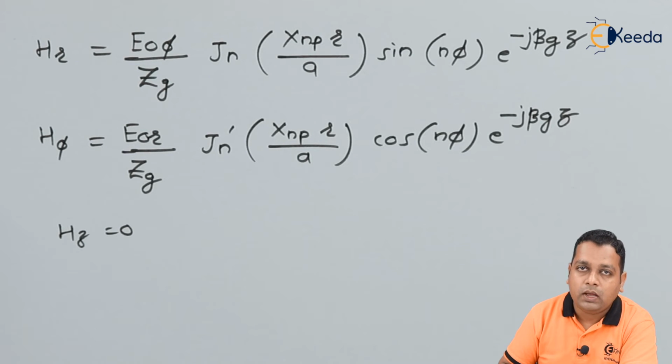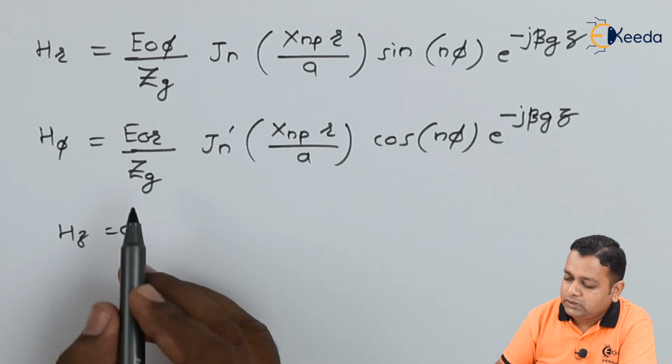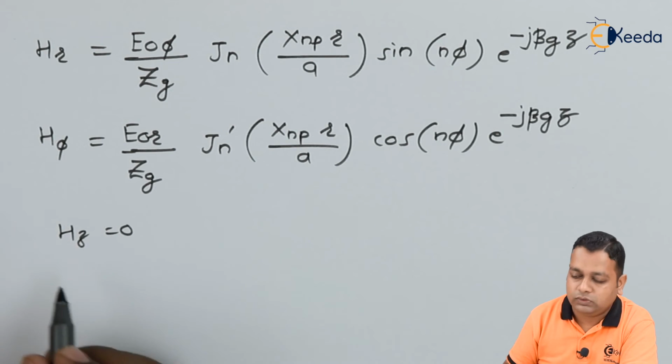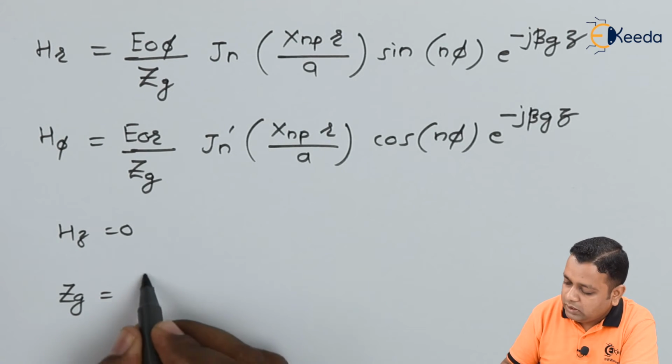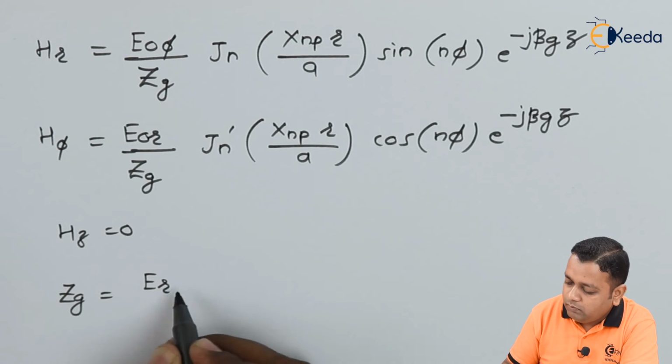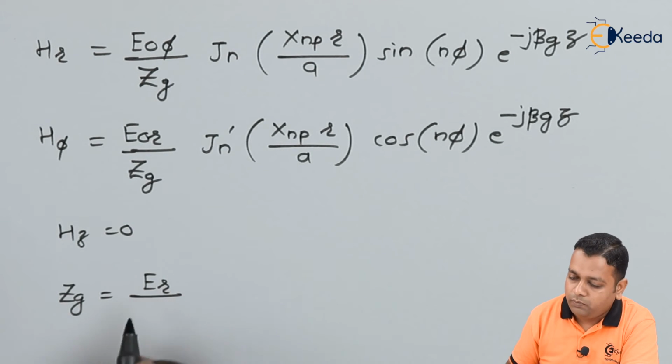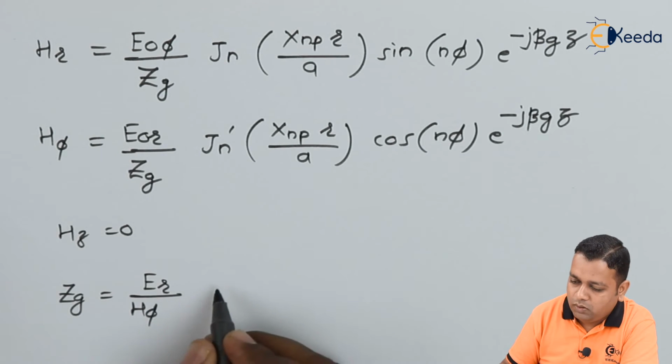So in these equations, the impedance that we have introduced, the wave impedance Zg inside the waveguide, is the ratio of the maximum of the Er component to that of the H phi component.